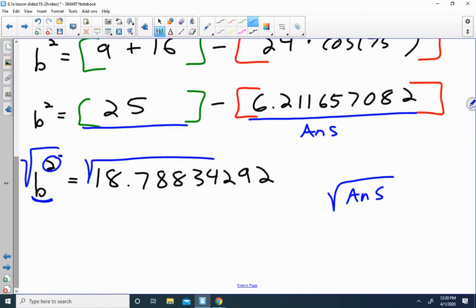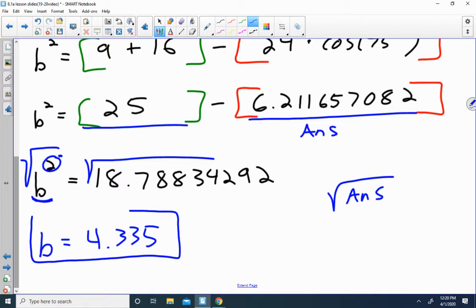If you do that, you'll get your little b. So the square root of 18.788 blah blah, or square root of previous answer, and you should get 4.335.